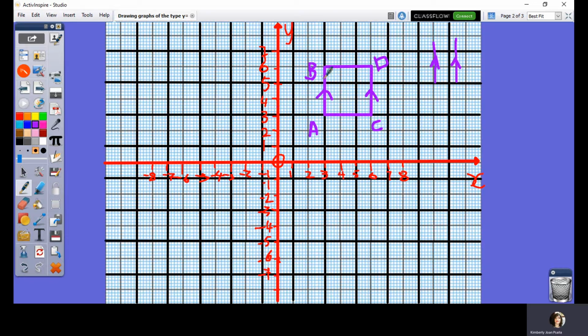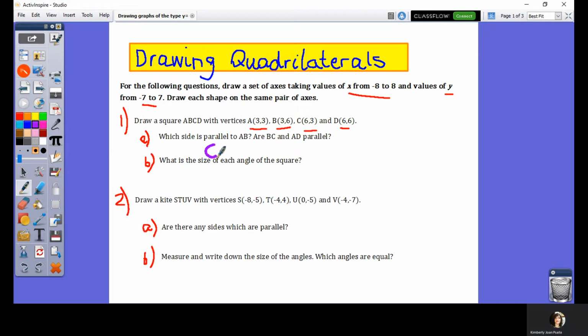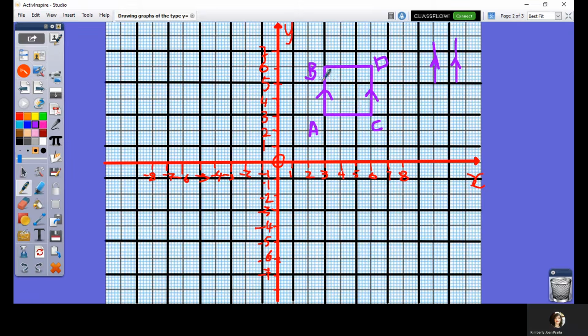You see these two lines? If I elongate these lines, they never meet. Therefore, CD is parallel to AB. Are BC and AD parallel? BC is this one, and AD is this one, meaning they are the diagonals of the square.